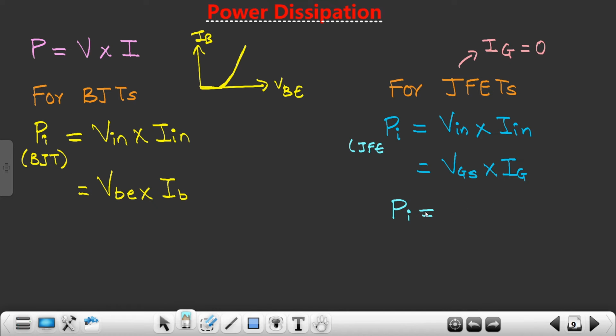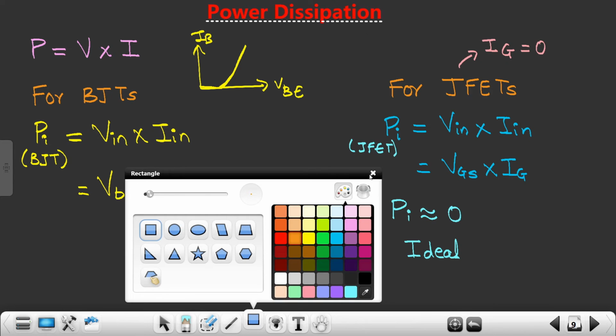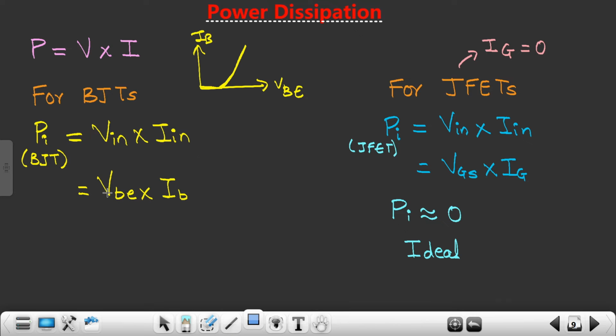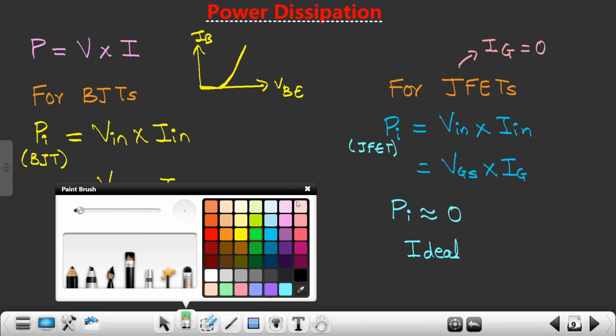Oh, sorry. Let me erase this point and write it this way. It is 0, but this is the ideal condition. Let me highlight these two points; it's pretty important. In the case of a JFET, there would be some value existing for this power dissipation.